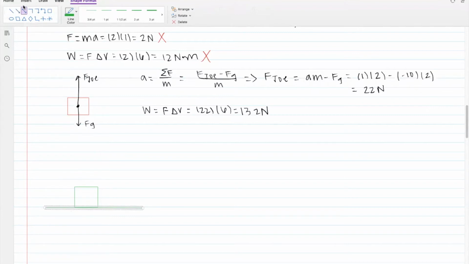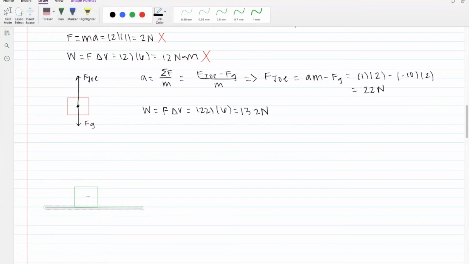And Joe applies a force at an angle. All right, and we won't neglect force of friction. So let's say the block is moving to the right. So let's draw our FBD. We have our force of gravity.